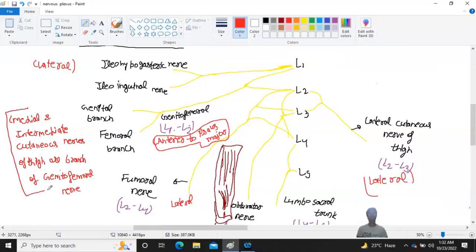Then this is an important note. They directly or indirectly supply some muscles, and some go into the thigh. Let's say this is the cutaneous nerve. It also goes into the thigh behind the inguinal ligament.